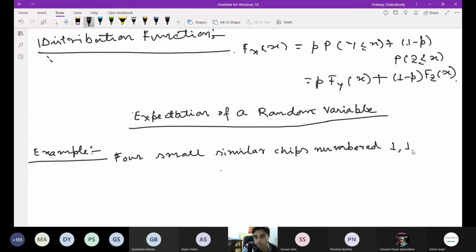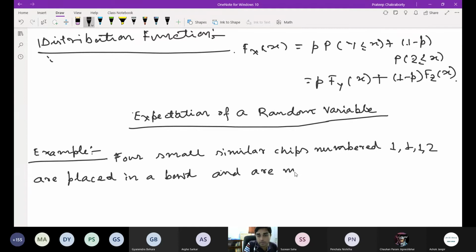Three have number 1 and one has number 2, and they are placed in a bowl and mixed, and you have to choose one chip randomly. The number on the chip is the random variable.